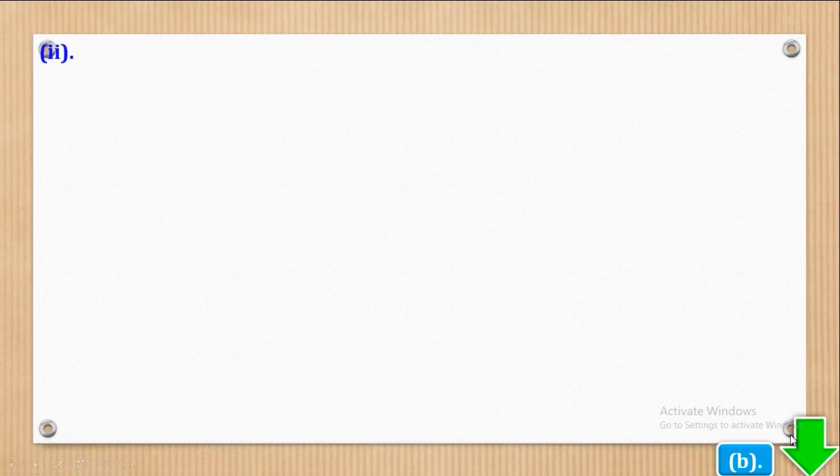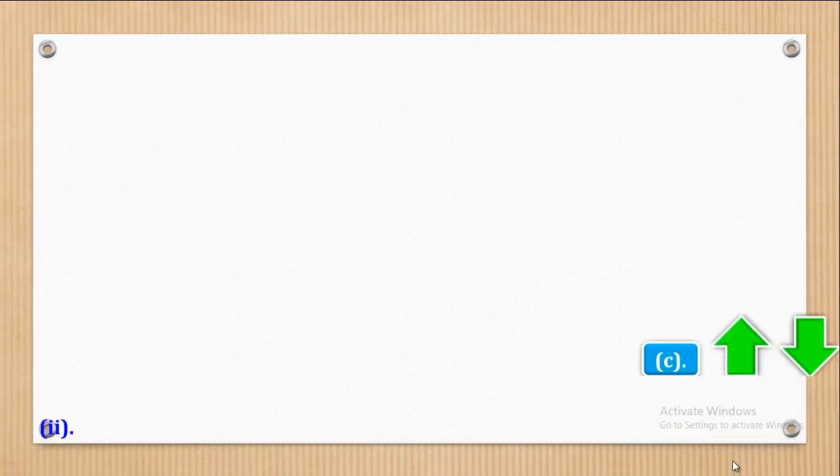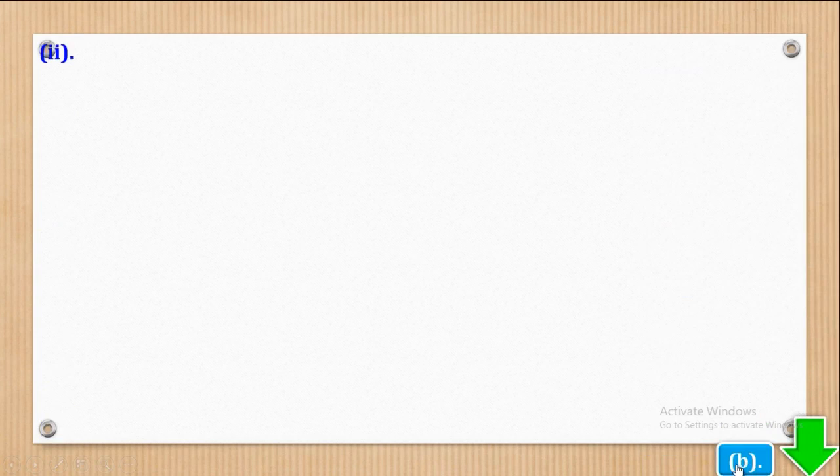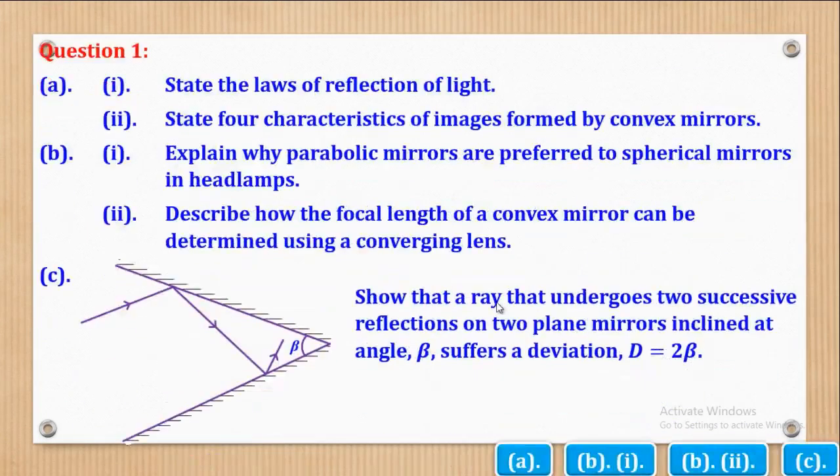So now we shall go to part B, Roman 2. Part B, Roman 2 says, describe how the focal length of a convex mirror can be determined using a converging lens.